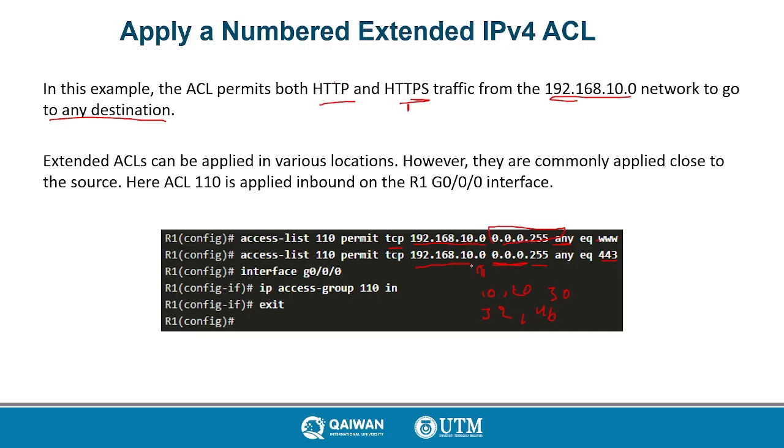This one can vary, however, this one should match. And again, we applied it over an interface with ip access-group 110 in. In here it was 110, and also here 110, inbound, and then exit the configuration.